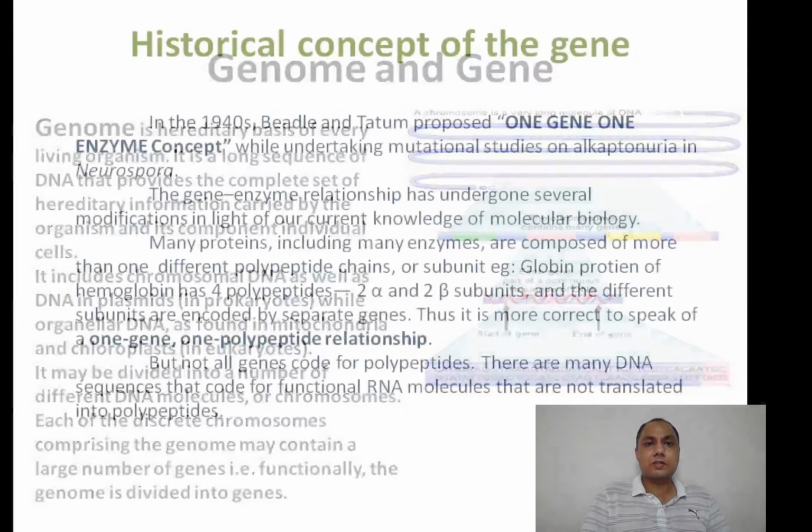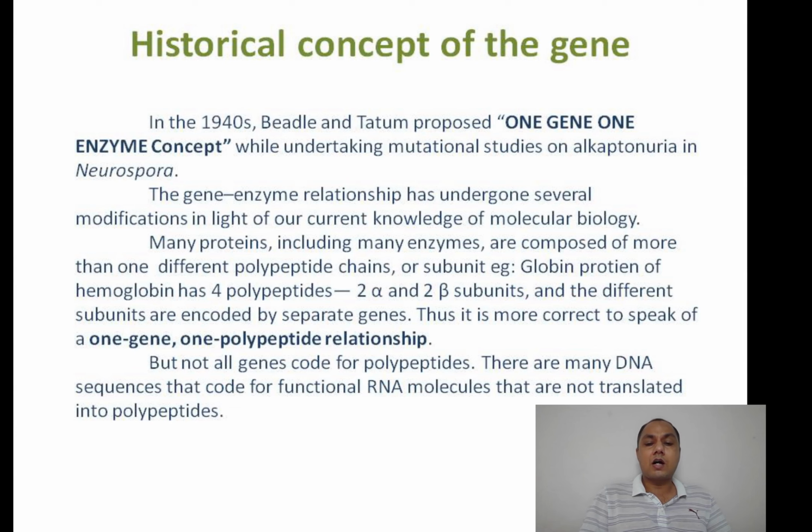Moving to the next one, we are going to consider how the gene concept has evolved. Since Mendel's time, it was called a factor. After that, it was called a gene. Mendel proposed, directly or indirectly, that a gene or a factor is a genetic factor that controls a character of the phenotype.